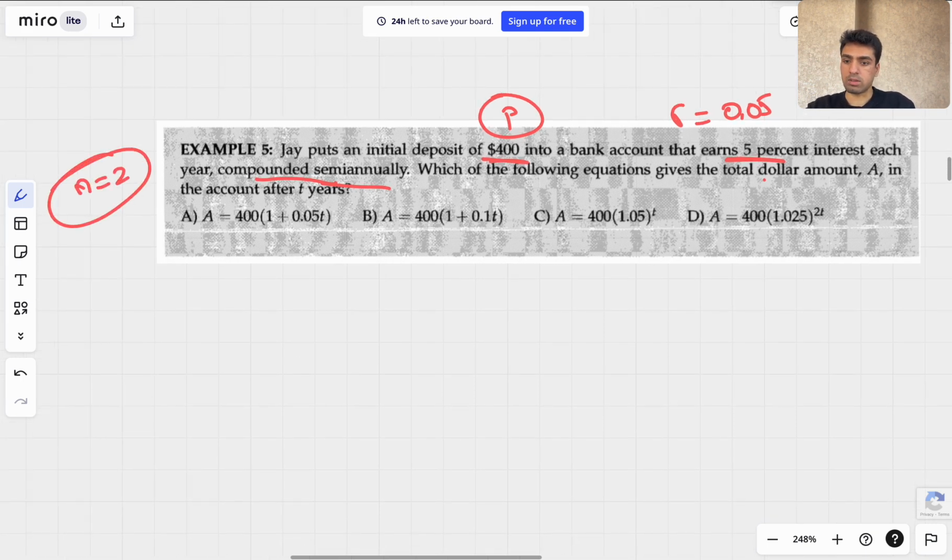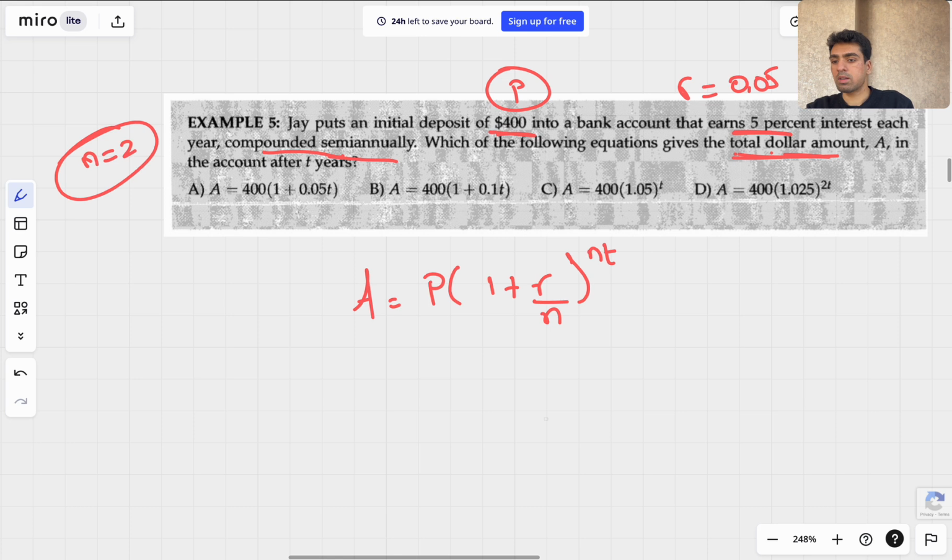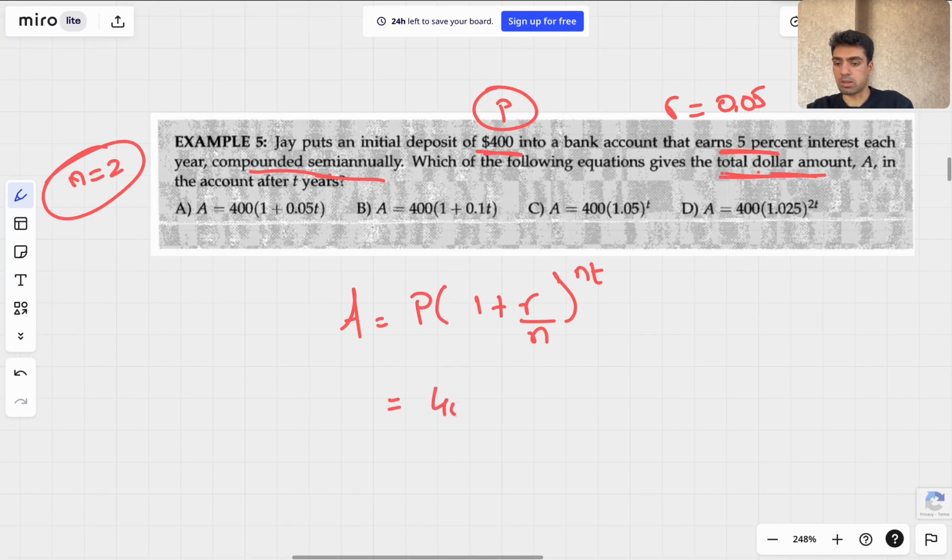We need the total amount in dollars. So the formula is A equals P times (1 plus R divided by N) to the power of NT. In this case we have 400 as P.